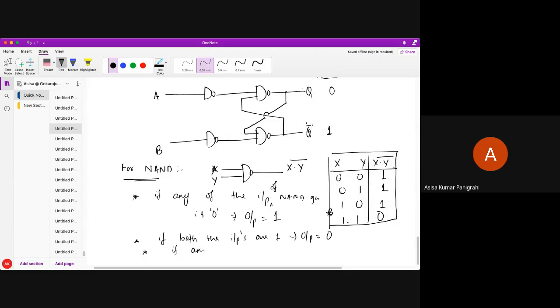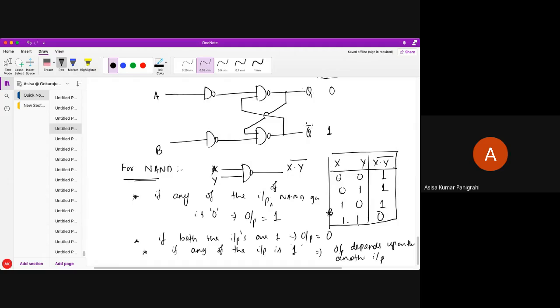Next, the last takeaway point. If any of the inputs is 1, then the output depends upon the other input. Am I correct, students? If any one of the inputs is 1, it depends on whether the next input is 0 or 1. If the next input is 0, the output is 1.